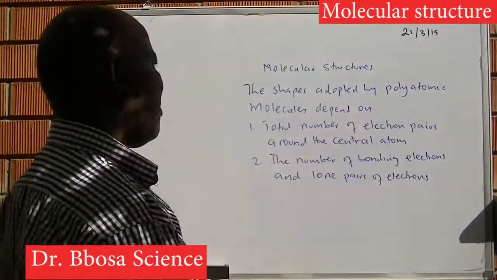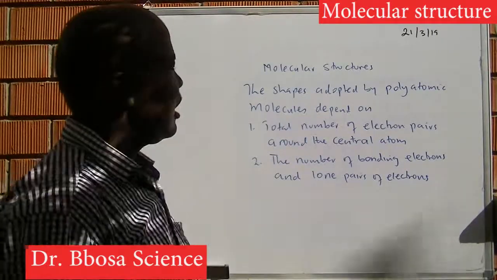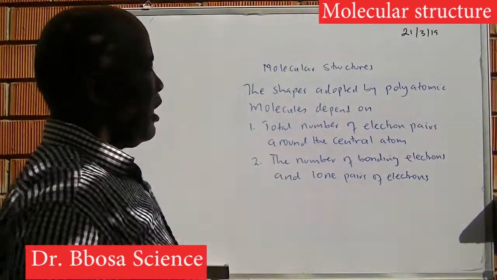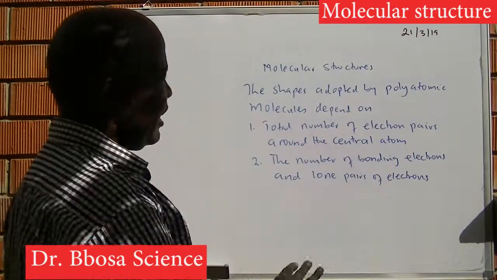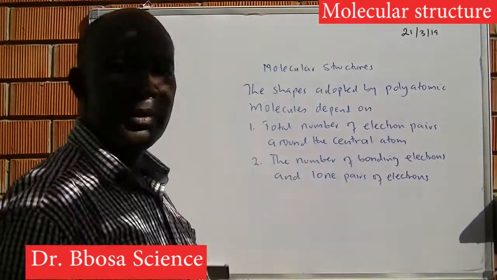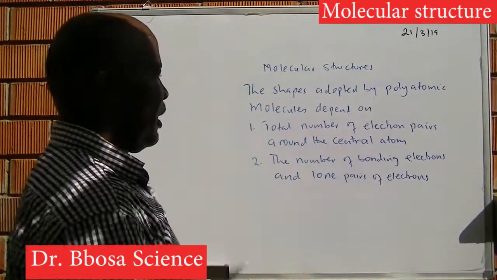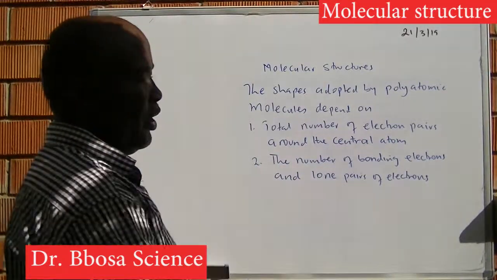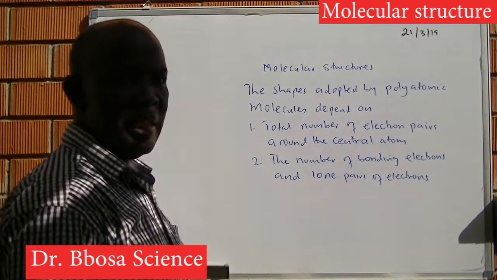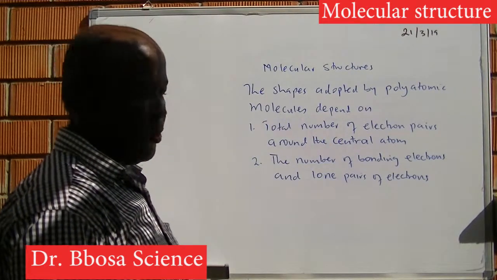The shapes adopted by molecules depend on 1. The total number of electron pairs around the central atom, and 2. The number of bonding electrons and the lone pairs of electrons around the central atom.